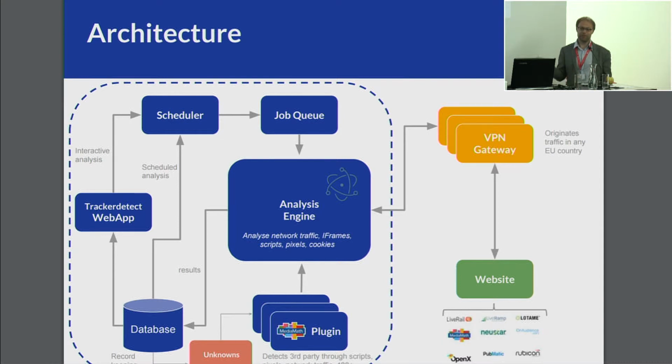The purpose of this is to give publishers and website owners control over what is actually happening on their site. Because if you go ask any newspaper, for example, they will be hard-pressed to name the third parties.